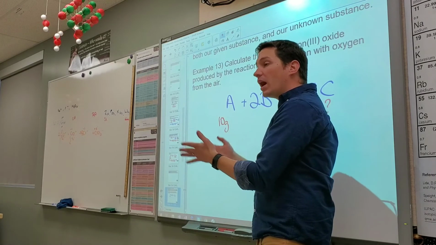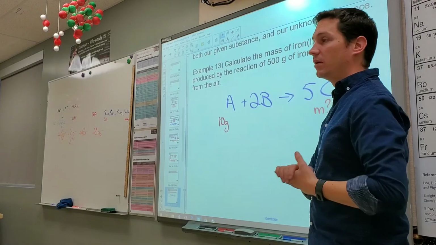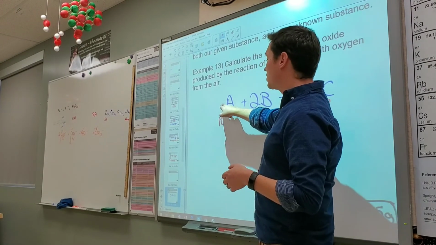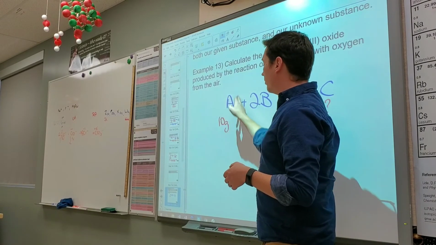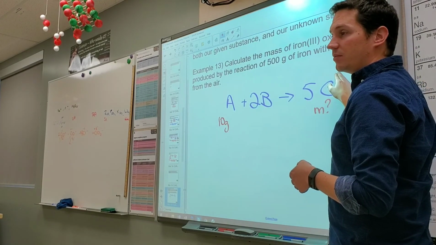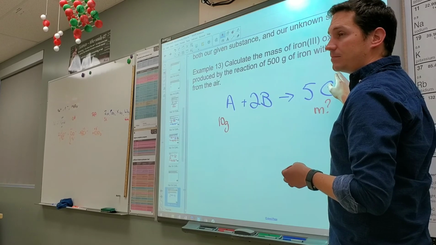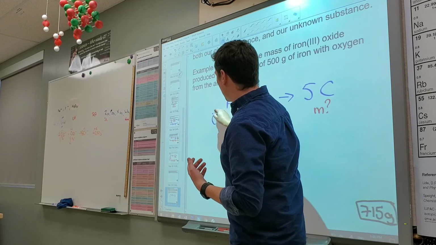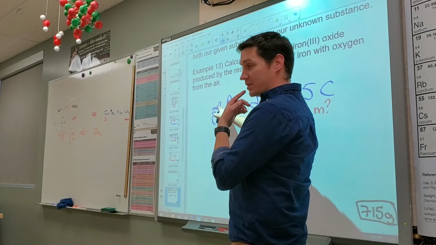What other additional information do you need in order to solve this problem? You need the molar mass to convert from grams to moles. Then you use the molar ratio to go from moles to moles. And finally, what other piece of information do you need? I can convert from grams to moles using the molar mass of this particular substance.